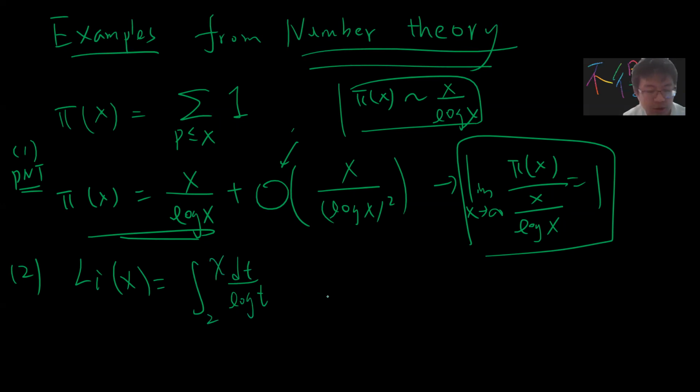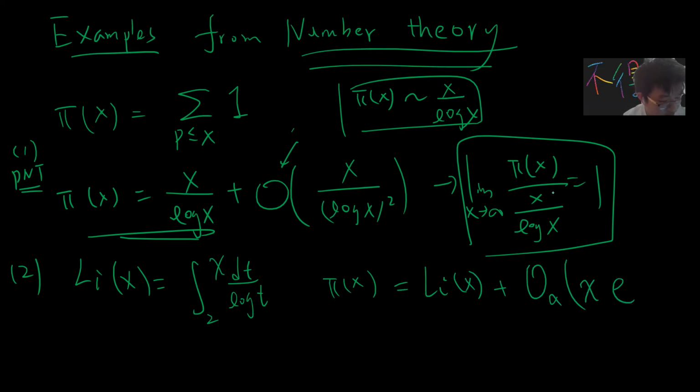Then you can check that pi of x is basically Li of x plus an error that is O of x times exponential of minus log x to the power alpha. This is true for alpha less than or equal to 3 divided by 5. Okay, so this is the more refined, tighter bound for the prime number theorem.